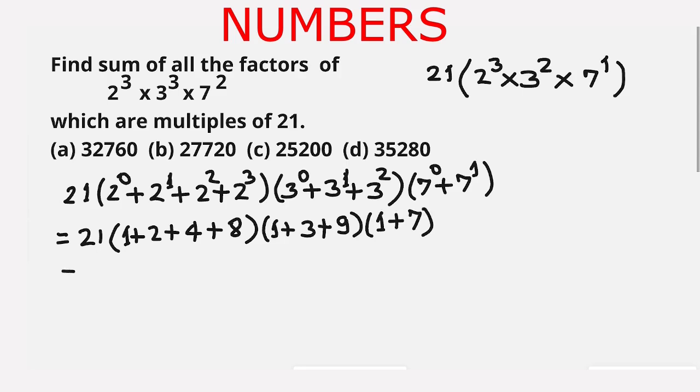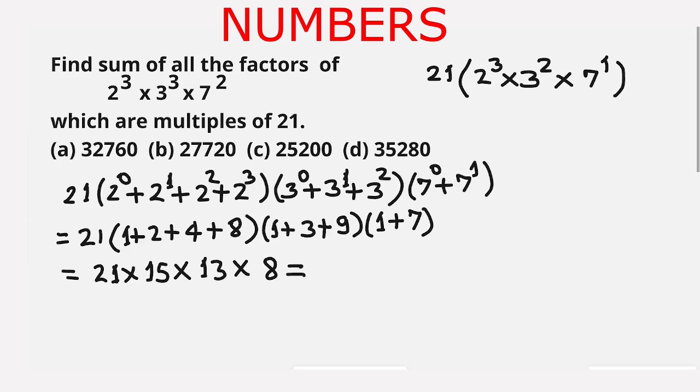This is equal to 21 multiplied by 1 plus 2 is 3 plus 4 is 7 plus 8 is 15, multiplied by 1 plus 3 is 4 plus 9 is 13, multiplied by 1 plus 7 is 8. We have 21 multiplied by 15 multiplied by 13 multiplied by 8.